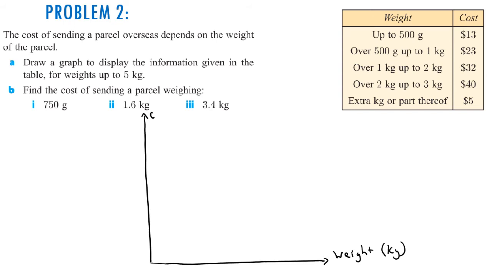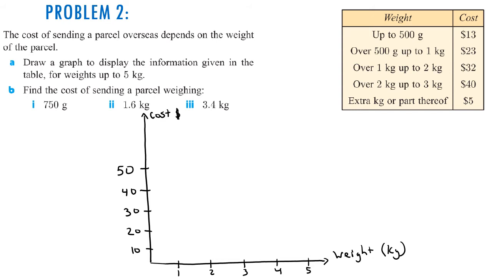The vertical axis is the cost in dollars. My x-axis is going to go by ones because it's in kilograms. And looking at the costs, we're at 13, 23, 32, 40, and so on. So I'm going to go by tens: 10, 20, 30, 40, 50.